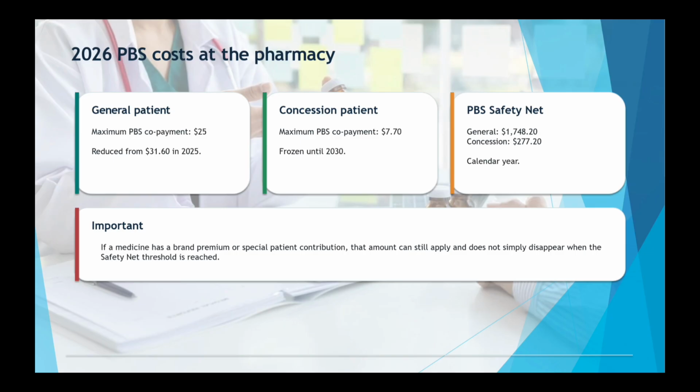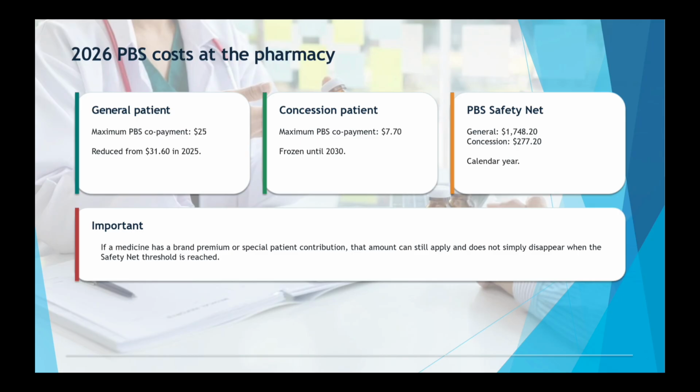Okay, going back to the cost, 2026 PBS cost at the pharmacy. That means it is the cost that will be charged by each pharmacy in the 2026 year. For the general patient, the maximum PBS co-payment will be $25.